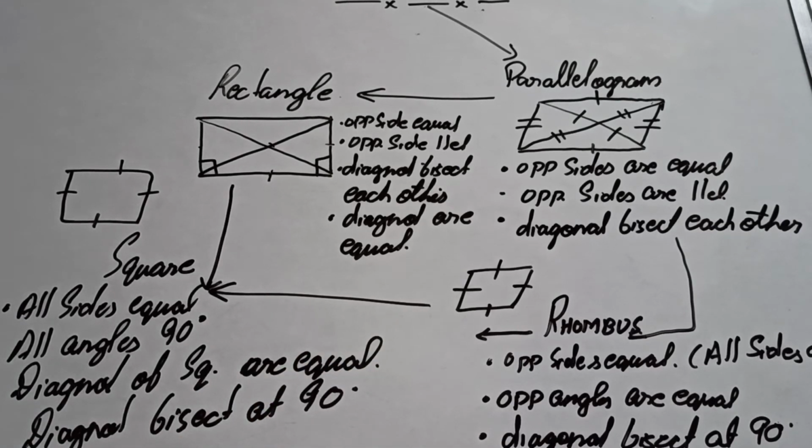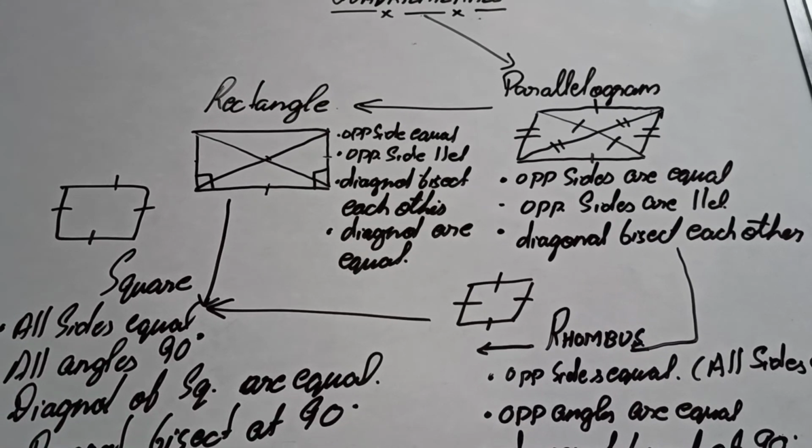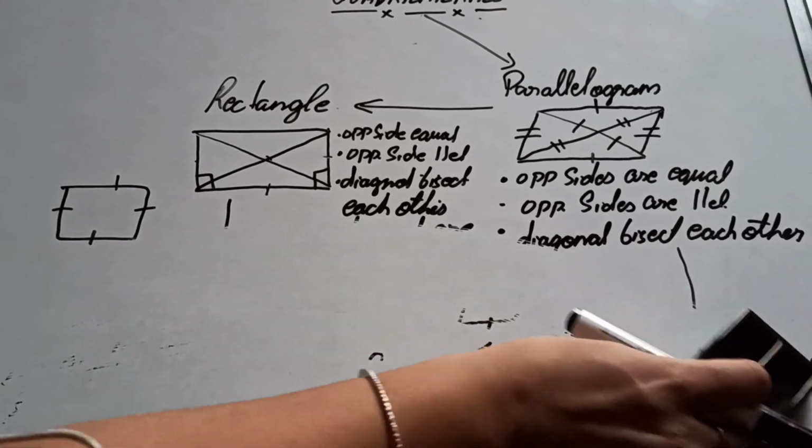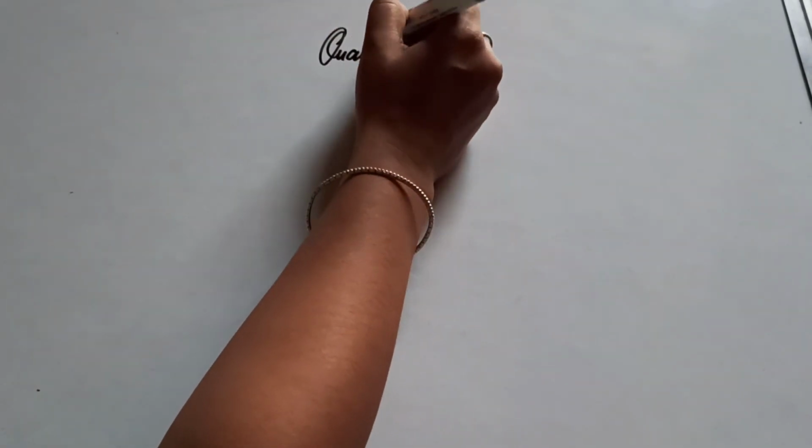These are some basic types of quadrilaterals that we have studied. Now let's revise what we have discussed. We have discussed quadrilaterals.